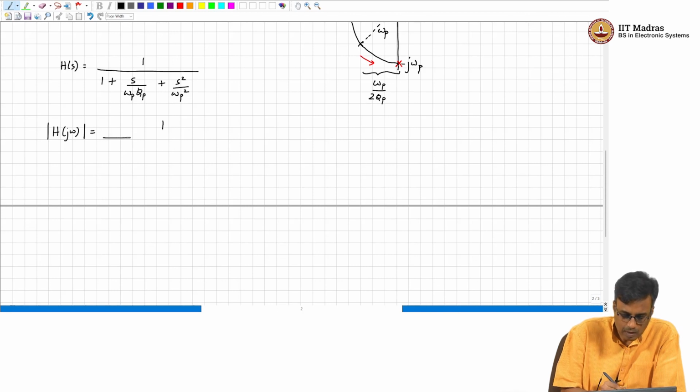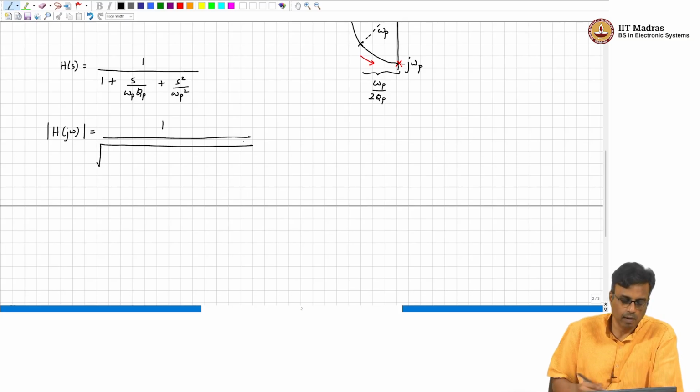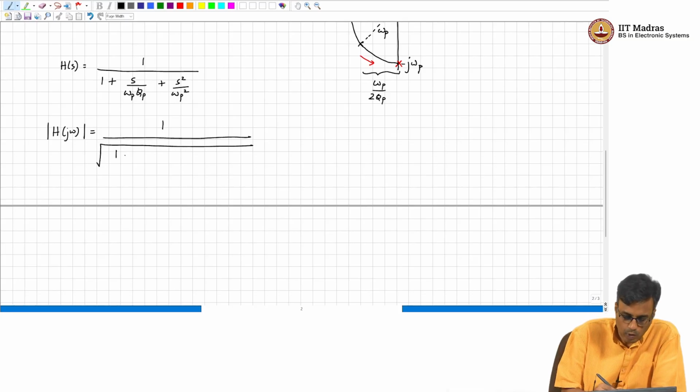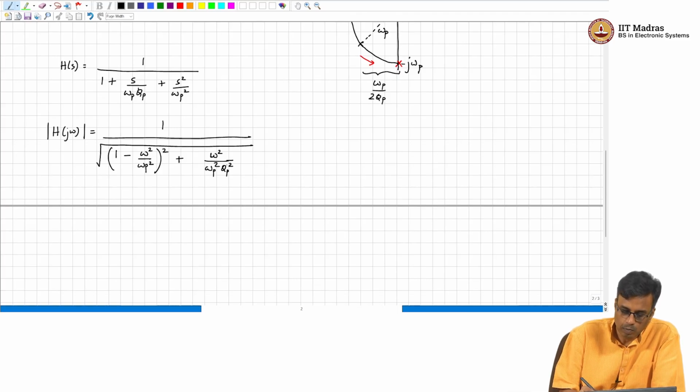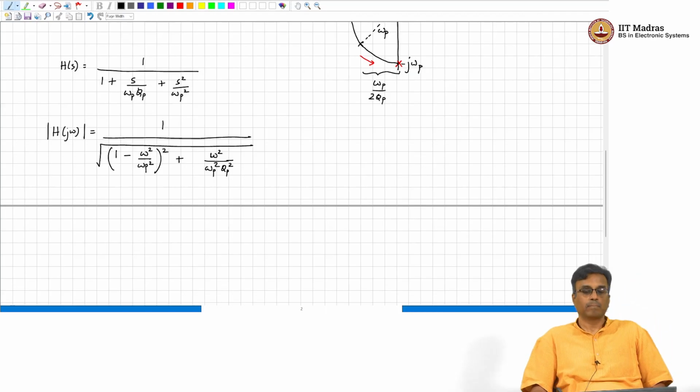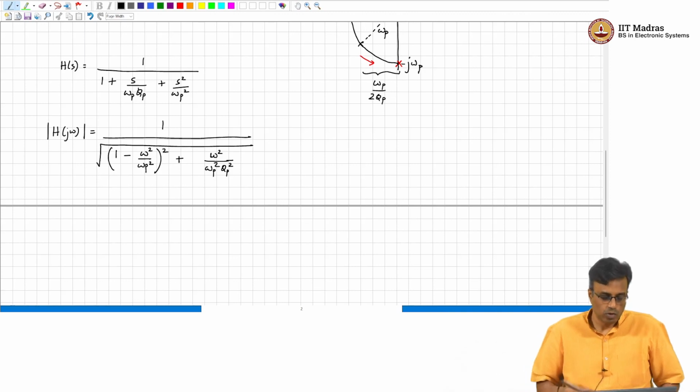It is 1 over the square root of (1 minus omega square by omega p square) whole square plus omega square over omega p square times 1 over qp square.